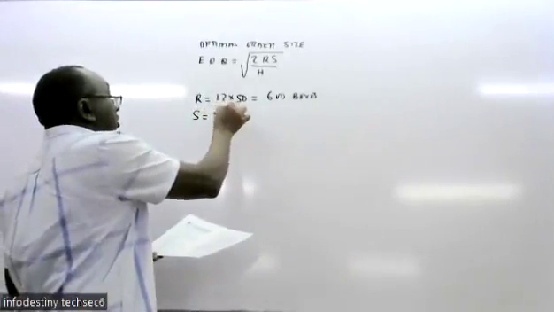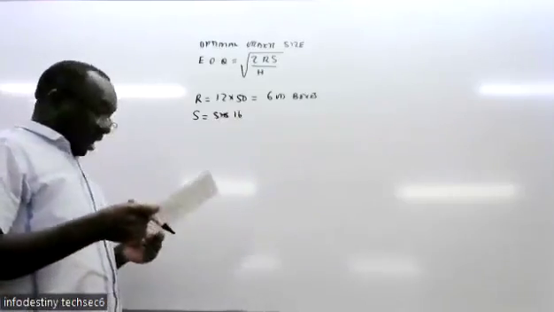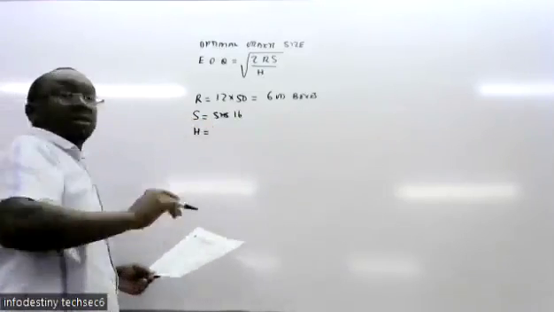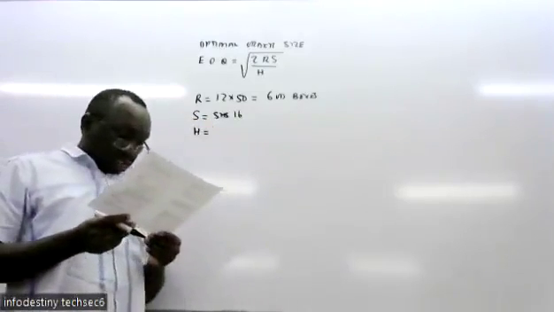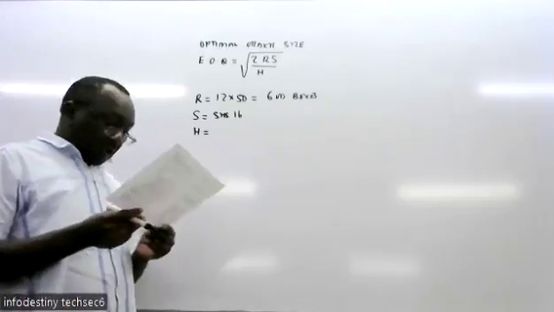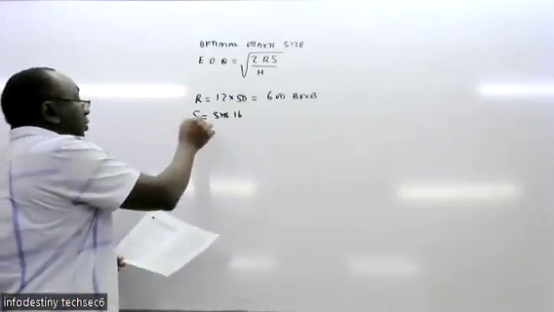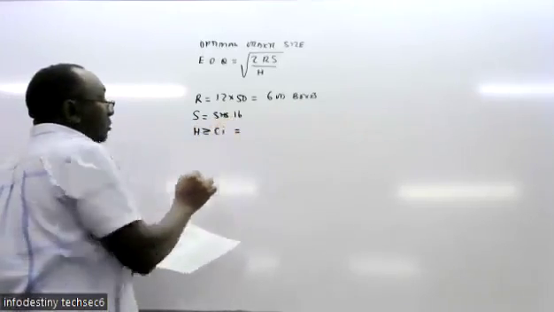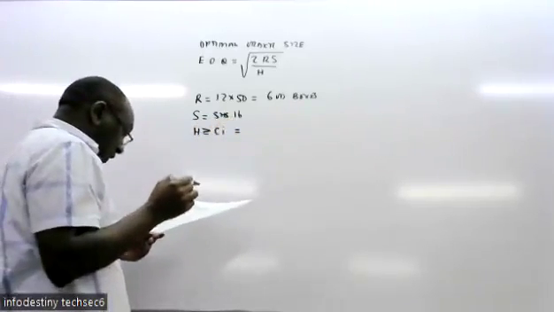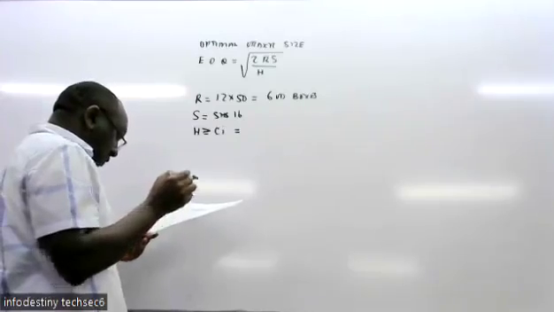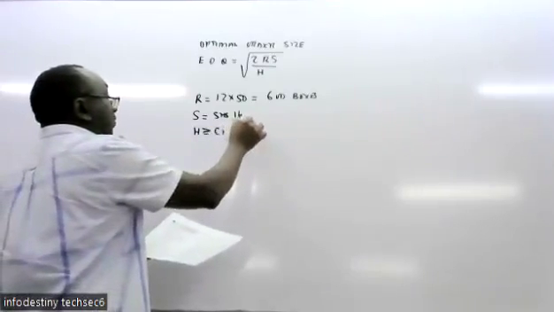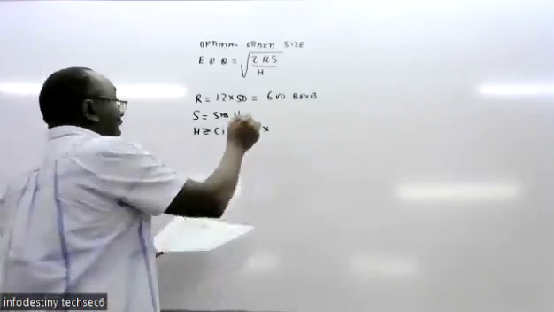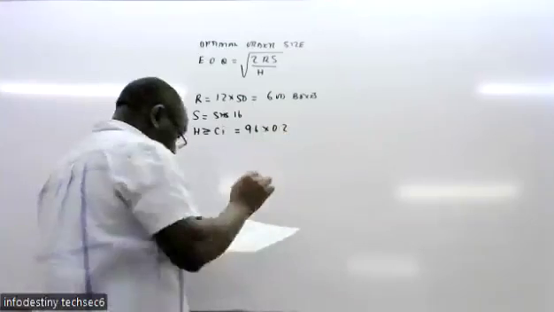And then we identify H, the holding cost. H is equal to CI. So C is 1 box, which is going for 9.6, and the cost of capital is 20%, so 0.2.